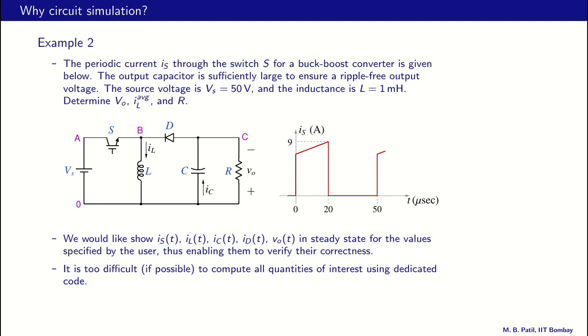But here we are actually trying to show all the waveforms, and for that we do need a circuit simulator. So in such cases, circuit simulation is very convenient, and we will see many examples of this.